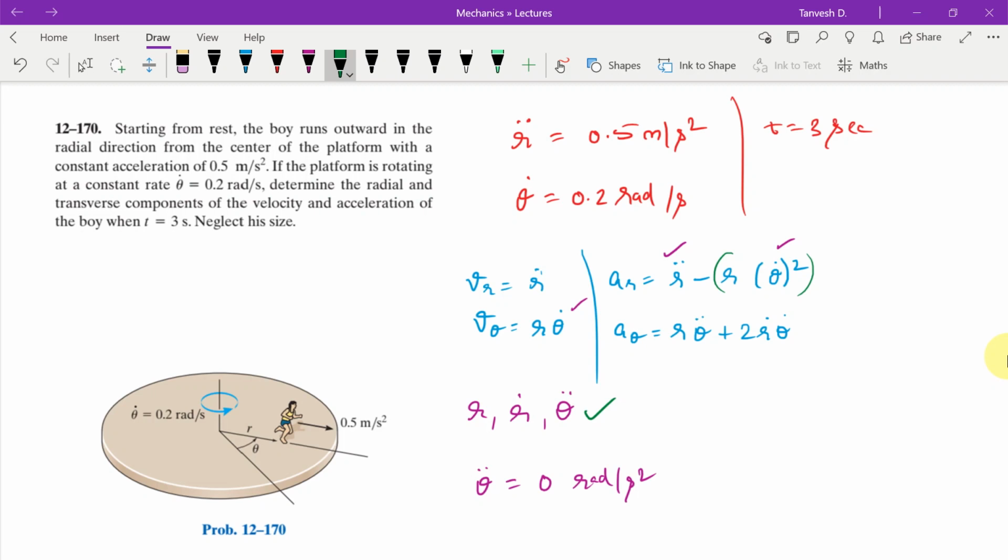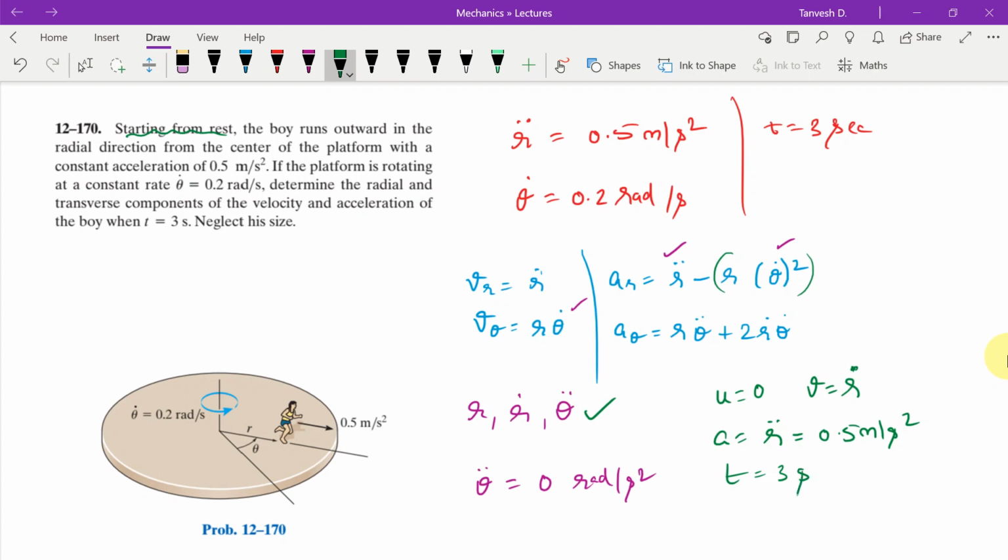So what we can do, and it is said that it is starting from rest, so the initial velocity of this person is 0. The final velocity along the radial direction is going to be r dot, isn't it? That is the final velocity, v is equal to r dot. Acceleration is given as r double dot, which is 0.5 meters per second square, and at t equals 3 seconds it is asked.